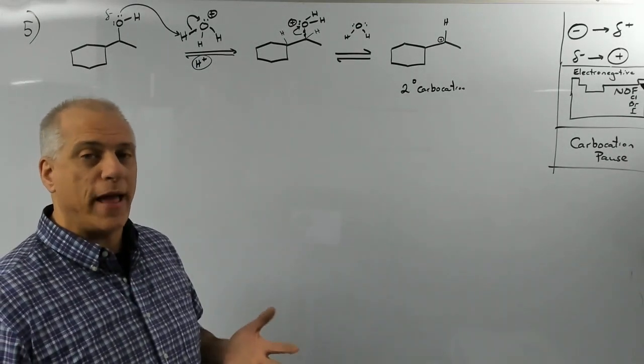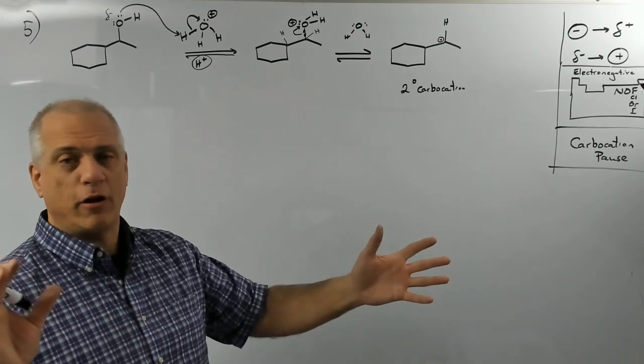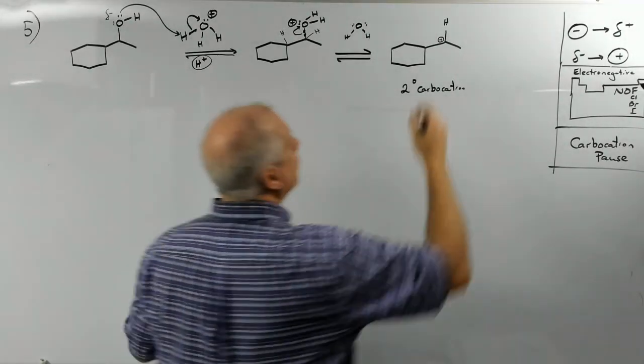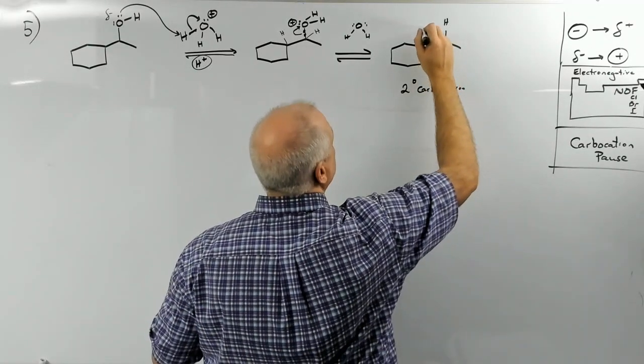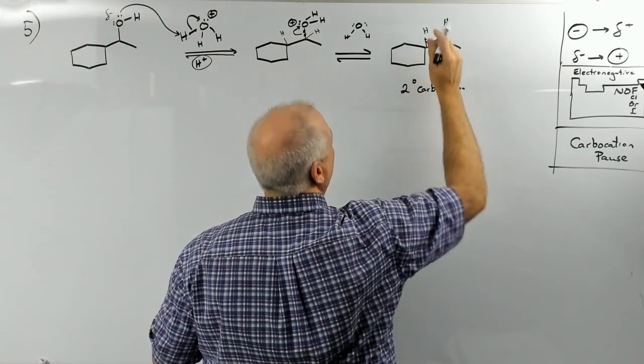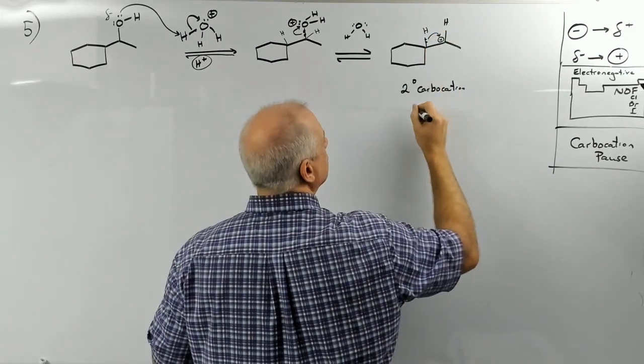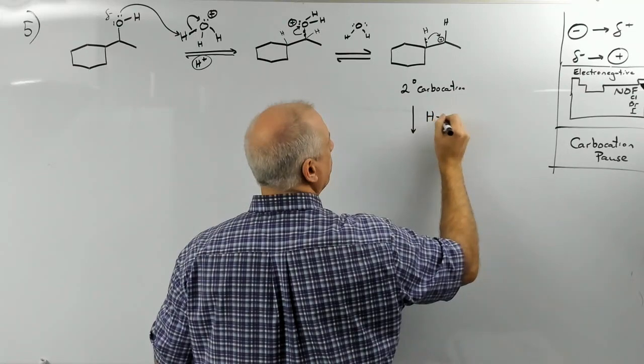A secondary carbocation is not as stable as a tertiary carbocation. And what's going to happen here, before anything else intermolecular can happen, intramolecular, it's going to recognize that there's a hydrogen here, and you can actually reach over and steal the hydrogen. This is called a hydride shift.